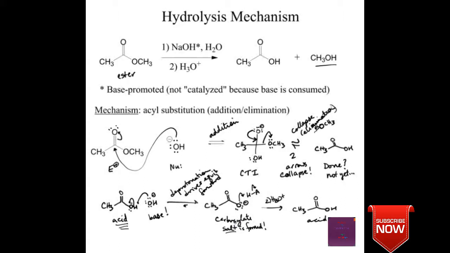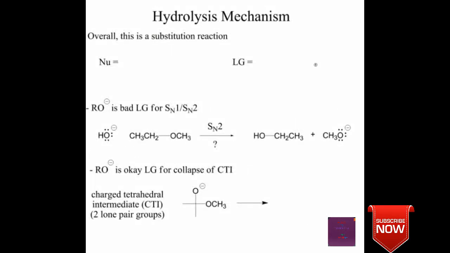Now let's think about this overall substitution reaction that we just did here. In this case, our nucleophile was hydroxide that we were bringing in, and our leaving group was methoxide. That's kind of interesting because we've never seen an example where an alkoxide was a leaving group.